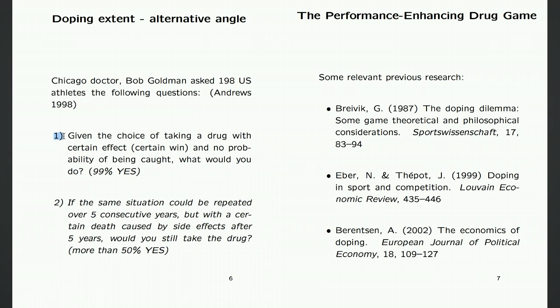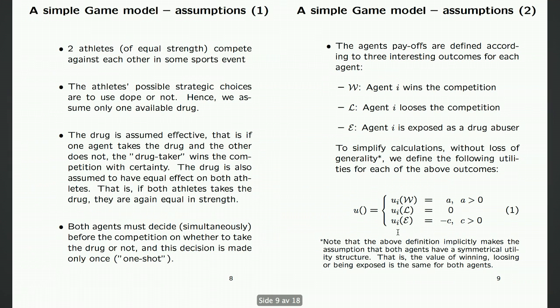He is the first person who identified the prisoner's dilemma structure of doping, I think. There's also a work here referenced by Ebrent Paul. And perhaps up to that point, the most important work is the last one here by Berendsen in 2002, published in the European Journal of Political Economy. Of course, myself, including others, have done a lot of work after this time period. We will return to that in a later series, I presume.